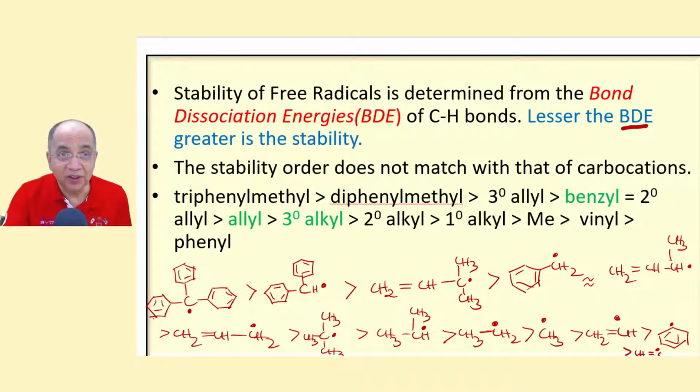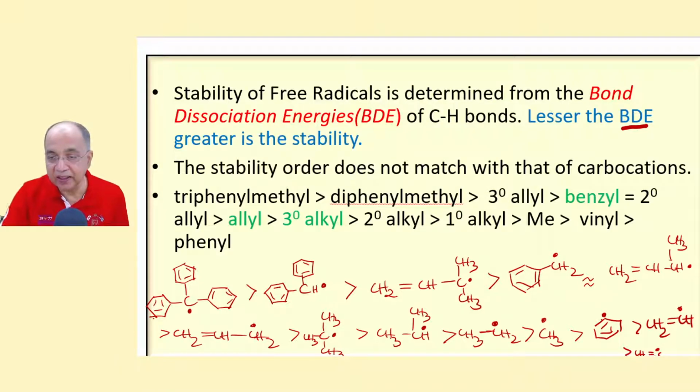So nothing has happened. To err is human and to rectify is also human. So give me a chance to rectify this order according to the data. First comes phenyl radical, then comes vinyl radical.